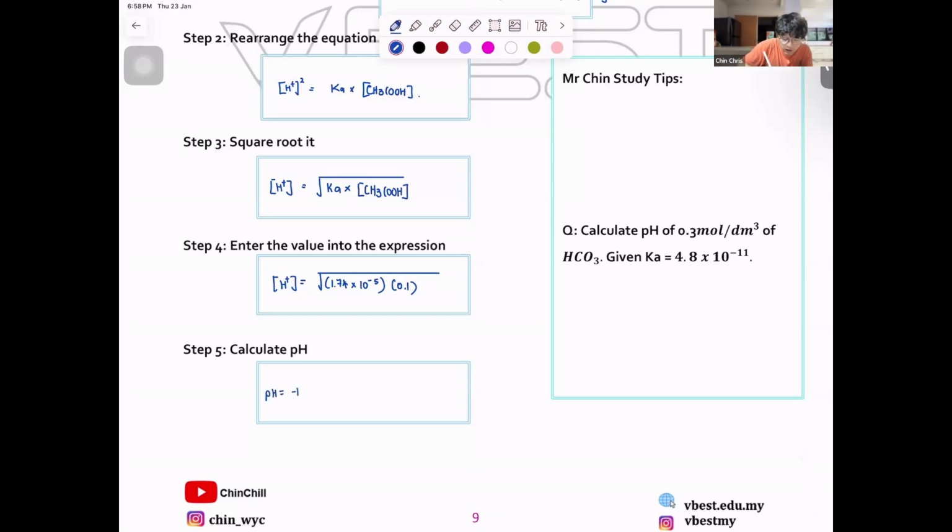Finally, negative log base 10 of the concentration of H plus. How much is it? Press your calculator, you should get 2.88. Is that right? Done.